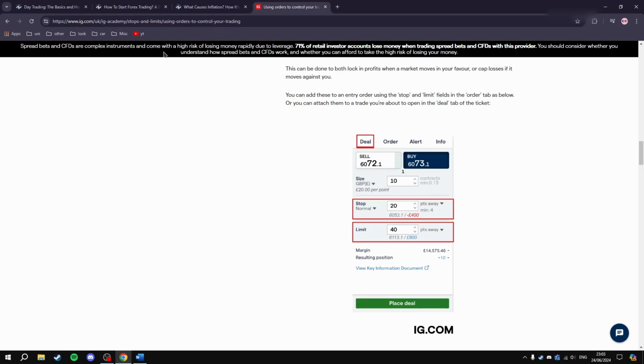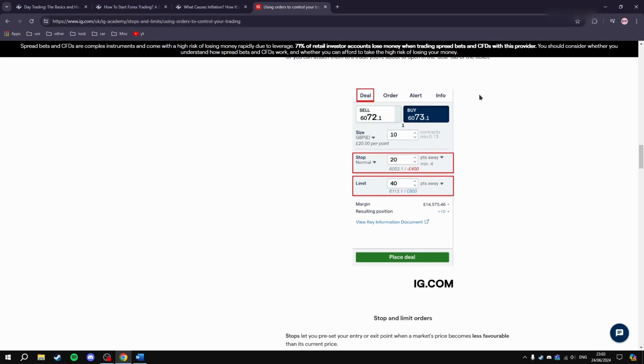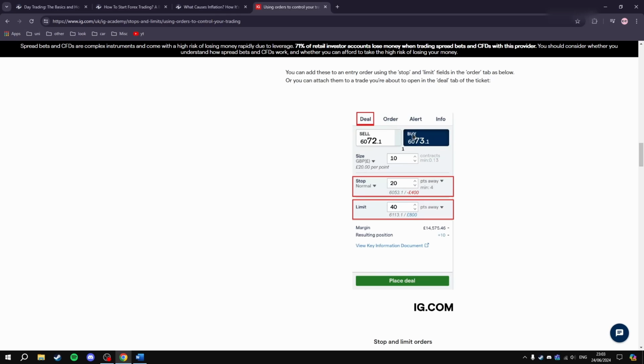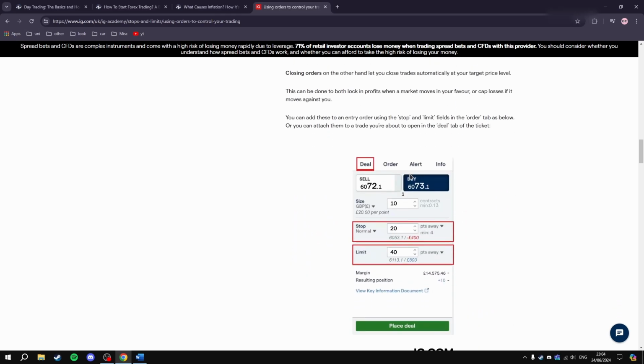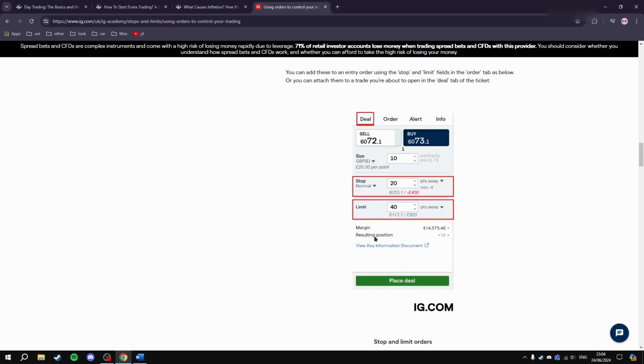You can add these to an entry order using the stop and limit fields in the order tabs as below. Or you can attach them to a trade you're about to open in the deal tab of the ticket. Size, stop, limit.